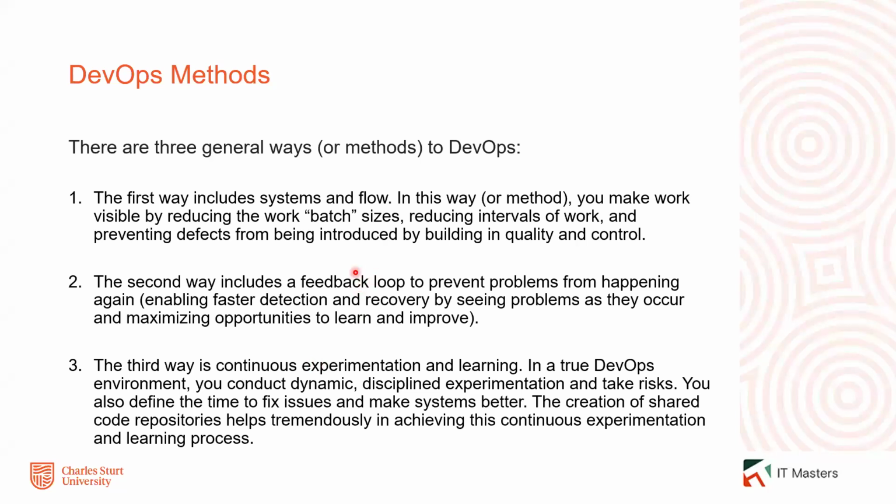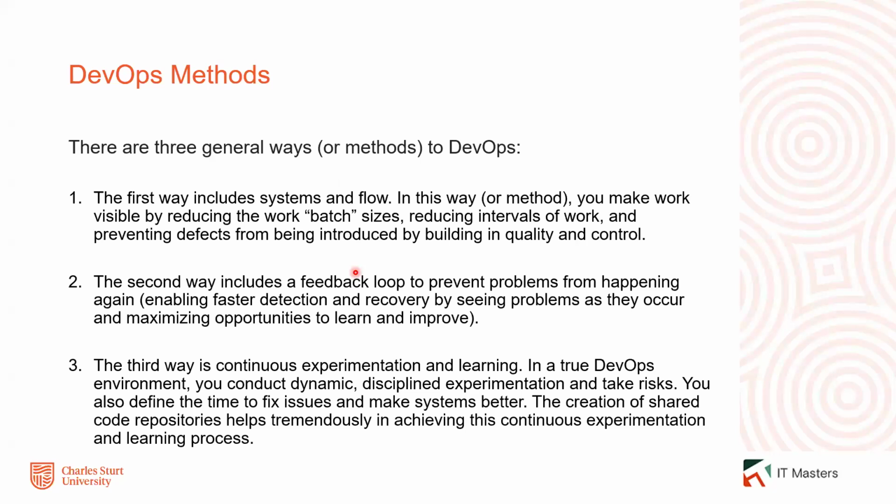There are 3 general ways, or methods if you like, that are used in DevOps. The first one is about systems and flow. In other words, you make the work that you're doing, whatever you're developing, visible to the project team and the people involved, by reducing the size, breaking it down into batch sizes.